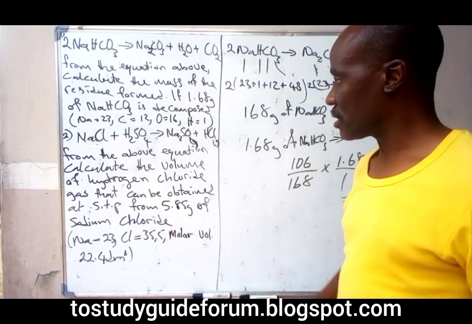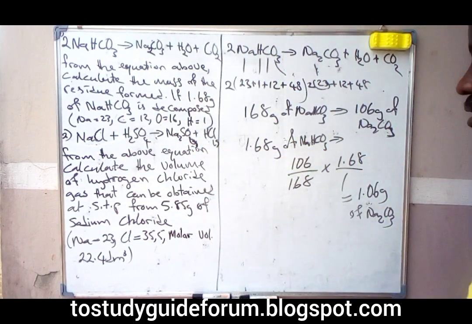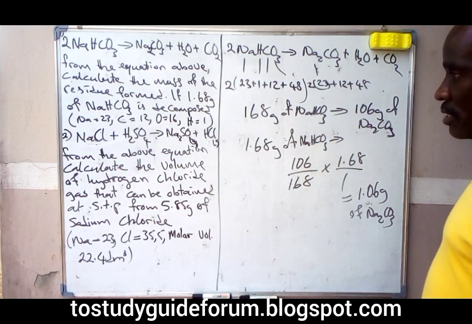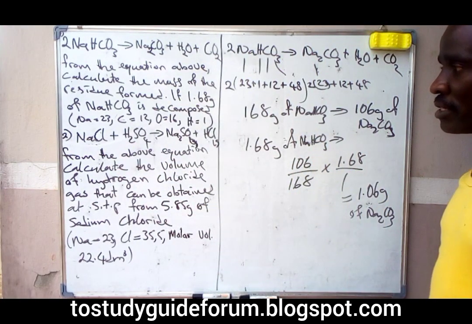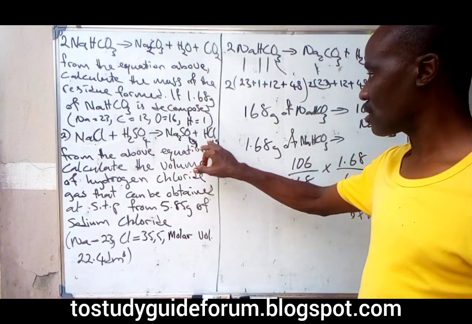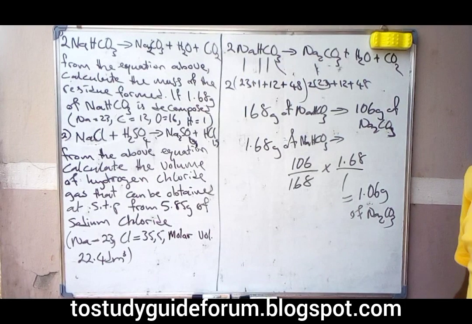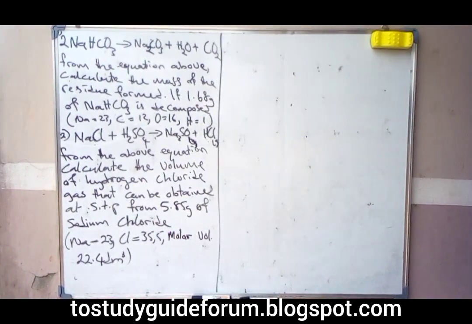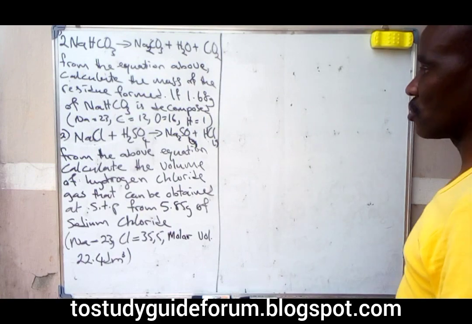The second one says that there is a reaction between sodium chloride and tetrasulfur 6 to give us sodium tetrasulfur 6 and hydrogen chloride gas. So let's look at how we're going to do this.